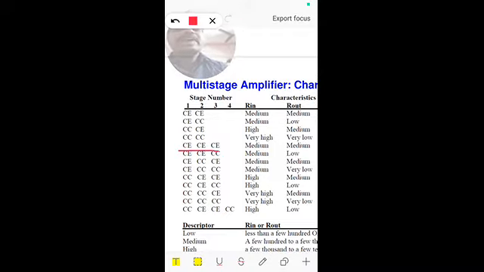In the fifth we have CE, CE, and CE. Three CE stages cascaded one after the other. So, a three-stage multi-stage amplifier, and in the three stages we are going to use a common emitter amplifier as individual stages.